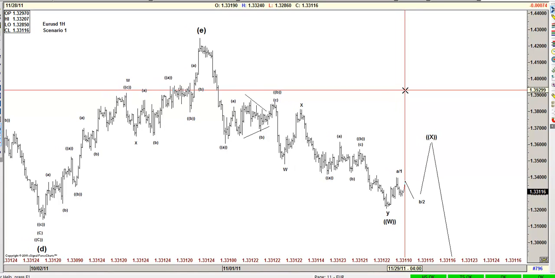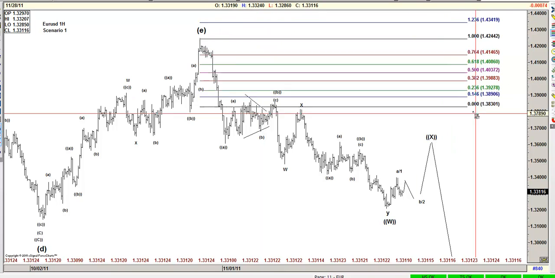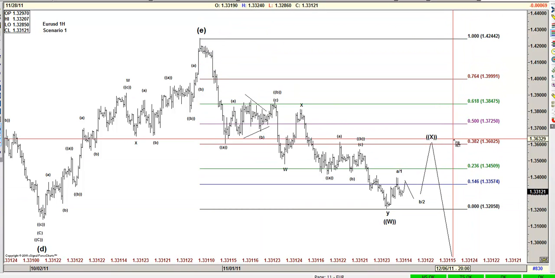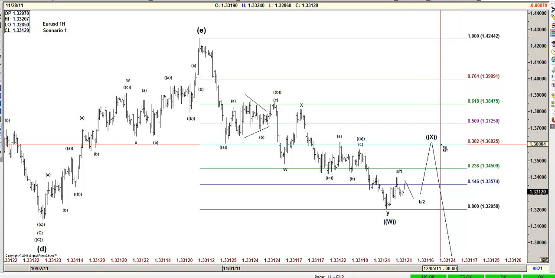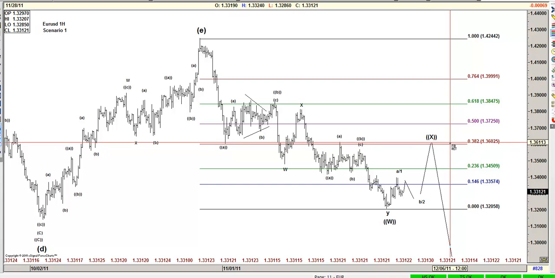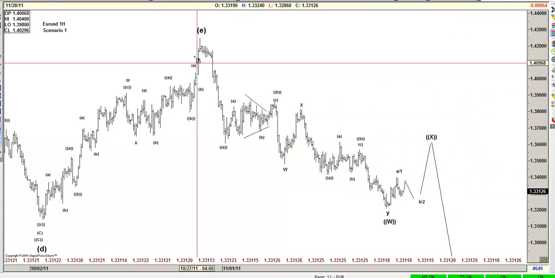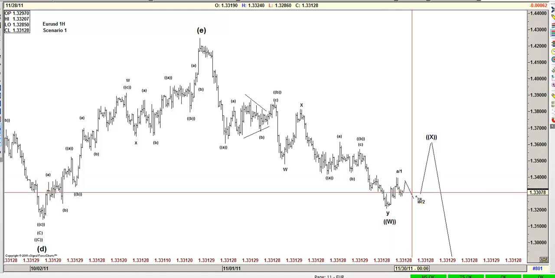It can be labeled as a nesting, but we believe that minimum 137.25 should be in place. You've got to take a precaution around this area, 136.02, because when the trend goes too strong, this pair does not reach even the 50% retracement.